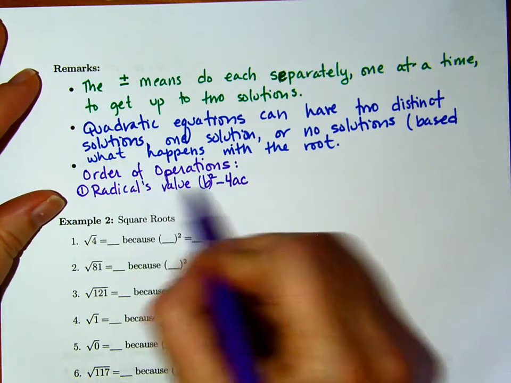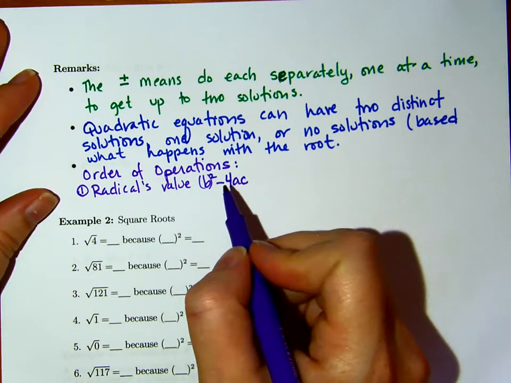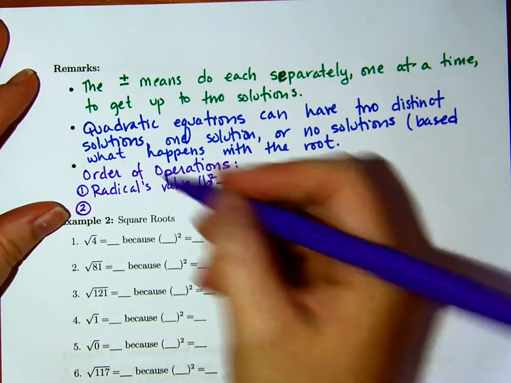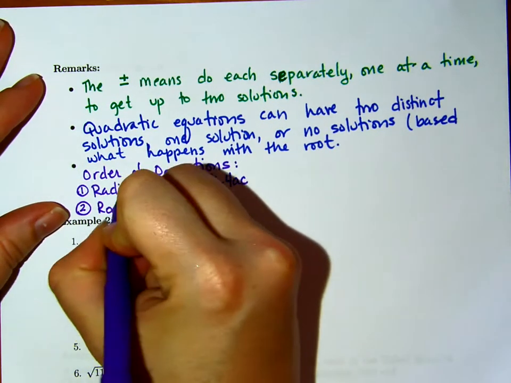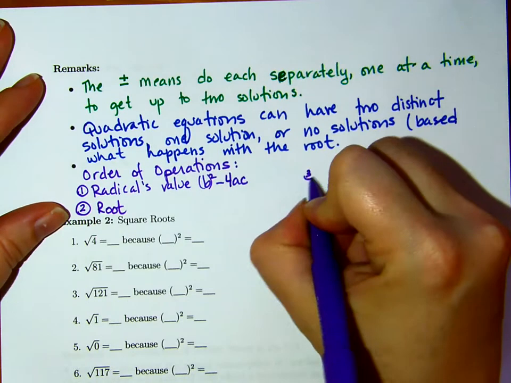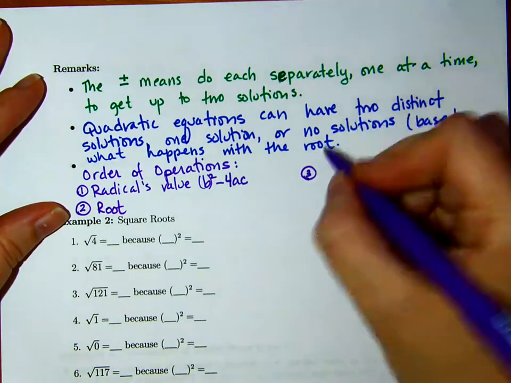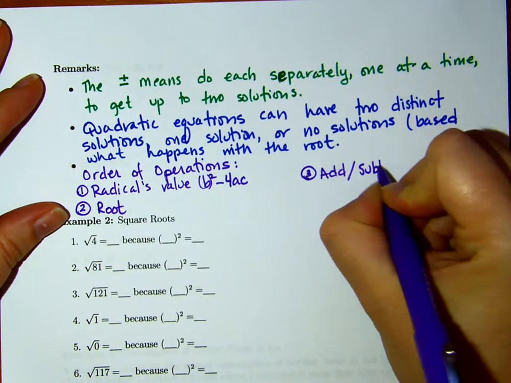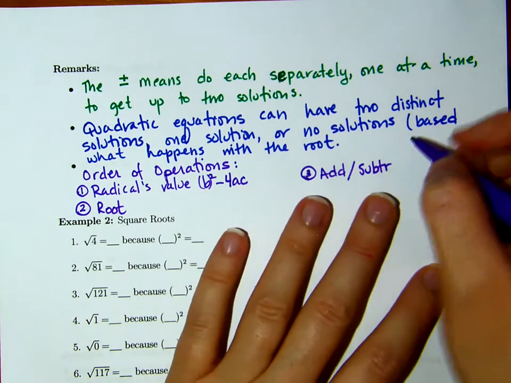Second, do the radical's value first. Second, actually take the square root. Okay. Third, add or subtract as two separate problems.